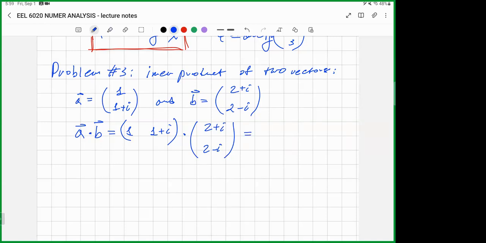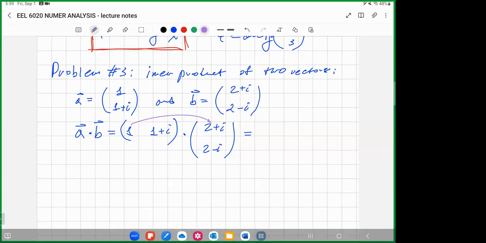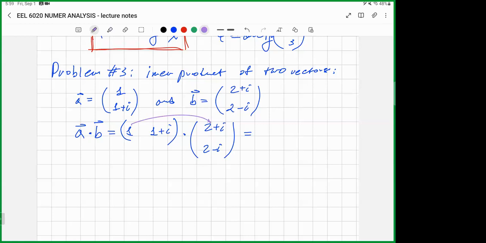Because writing this way, I can use this useful matrix multiplication approach: I take the first element in the row of the first vector, multiply by the first element in the column of the second vector, and then plus the second element times the second element. This is trivial for vectors, but important for matrices.